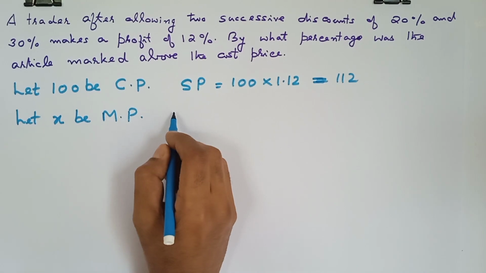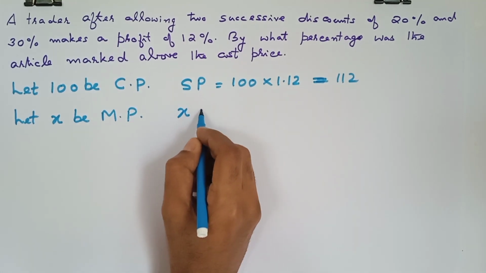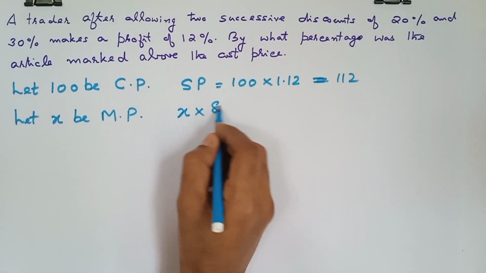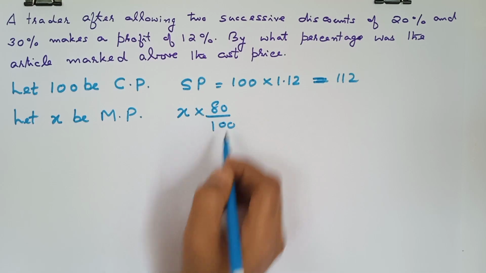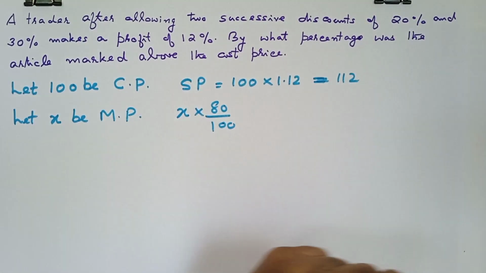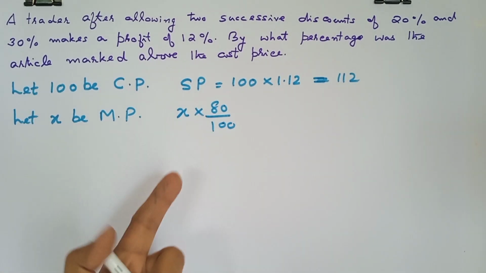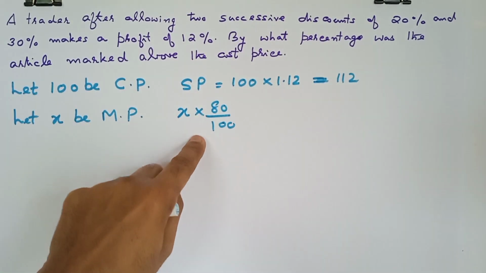So the product will be priced at what level after the first discount of 20%? X into 80 by 100. This is the level at which it gets priced after allowing the first discount. Then the next discount, 30%, is allowed on this level.